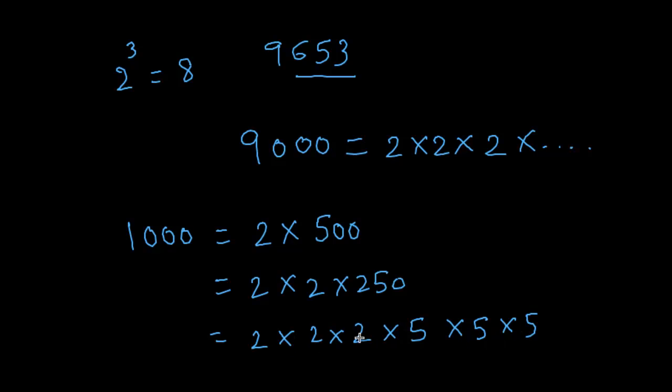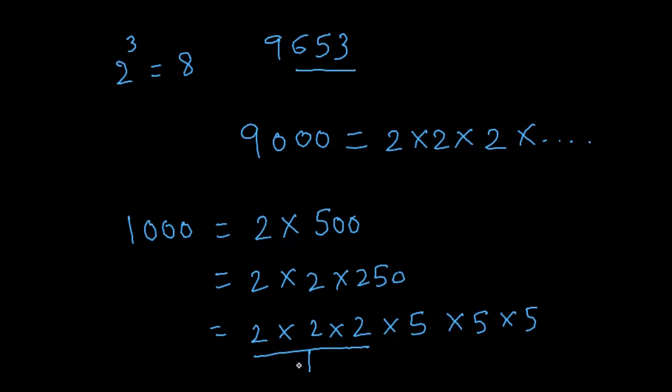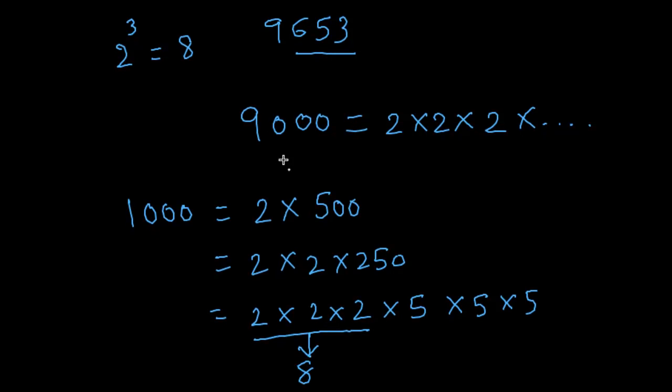So this is the prime factorization. The prime factorization of any of the thousands will contain 3 2s, that is one 8. So all the thousands will always have one 8 in their prime factorization. So the divisibility for 8 always depends upon the last 3 digits.